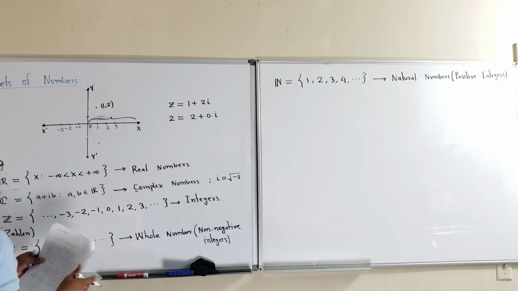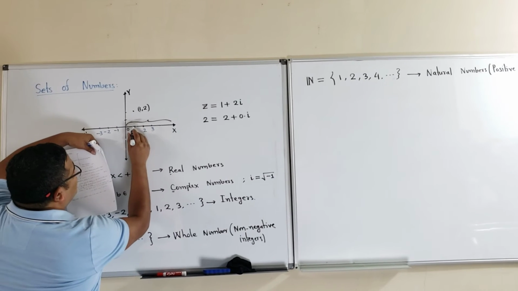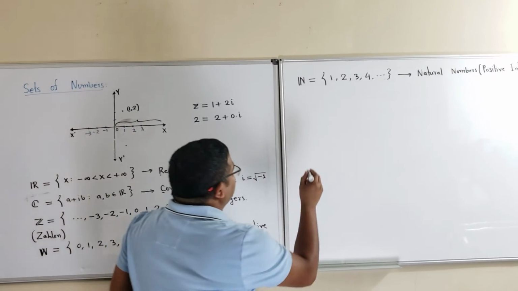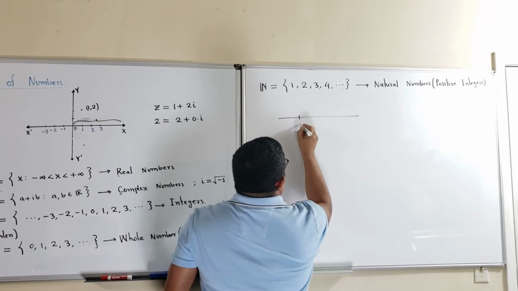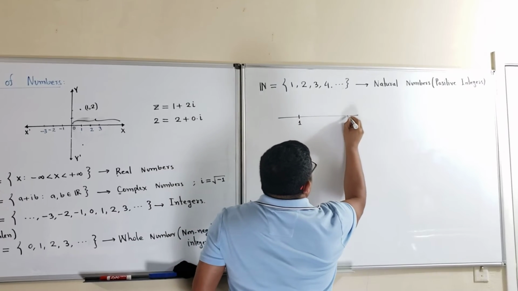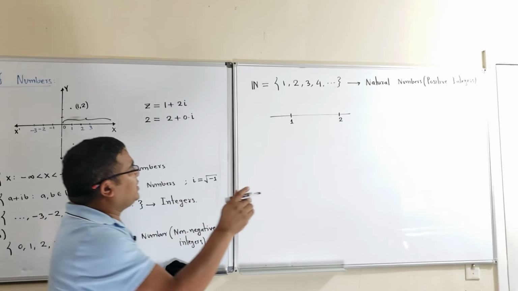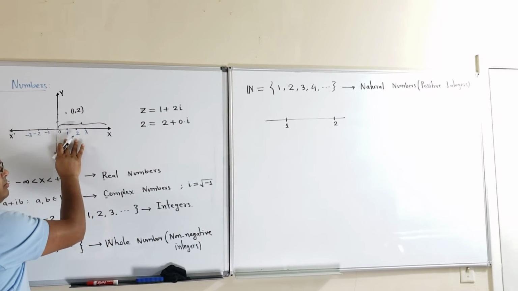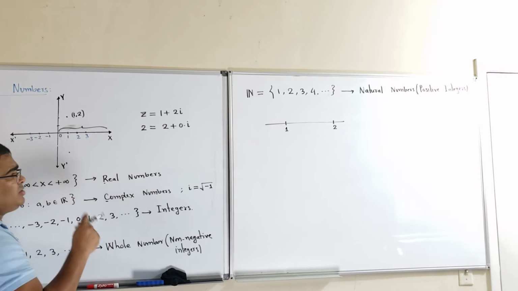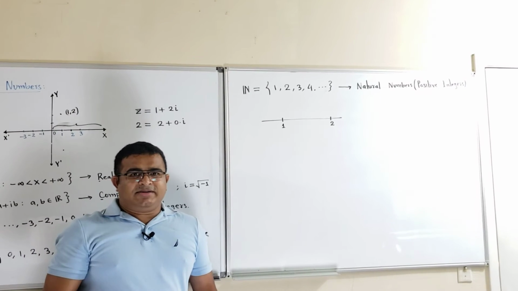Now if you think only this part from 1 to 2, so I zoom out it, 1 and 2. Between 1 and 2, how many numbers exist? Actually, infinitely many numbers exist.